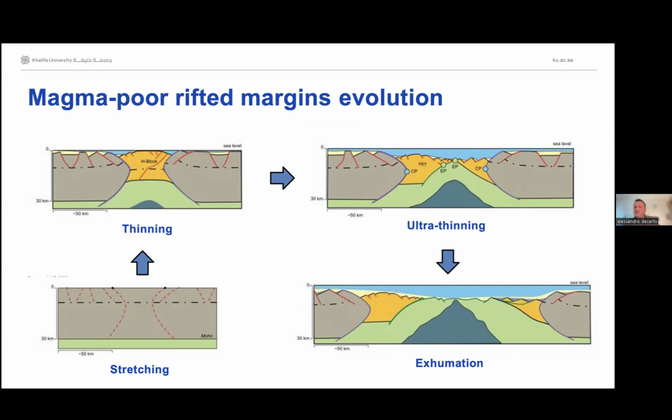The margin became more asymmetric, recognizing one thick margin on your left side, which is called the upper plate. And on your right side, the lower plate system, characterized by a more horizontal development of stratigraphy, not vertical. So most of the H block remained on the left side in this case.